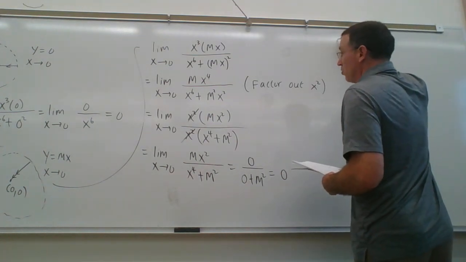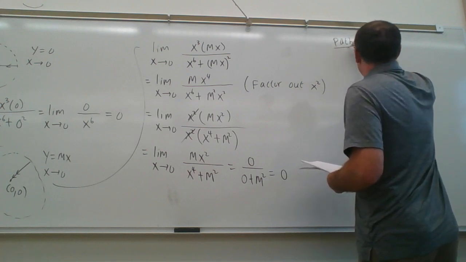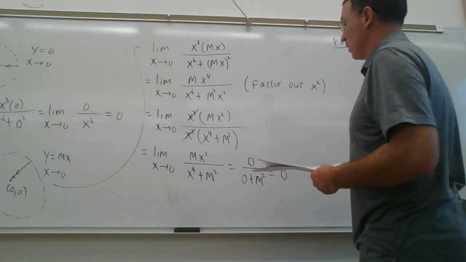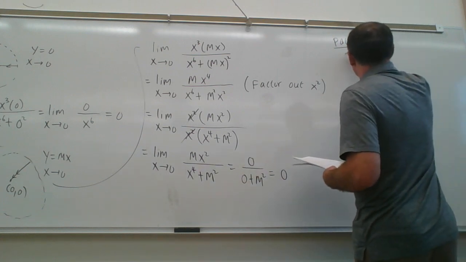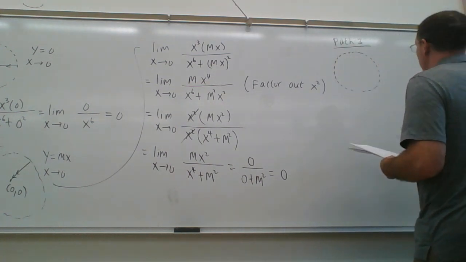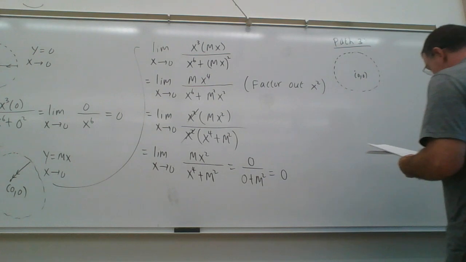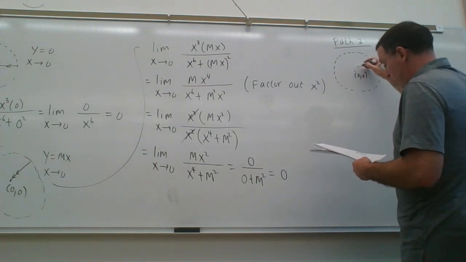So path 3. It's not obvious which one to choose necessarily. Choose, so (0,0). I'm going to choose a cubic function.